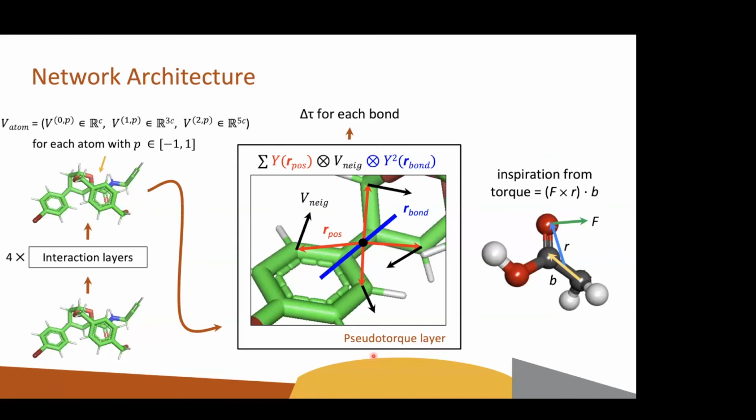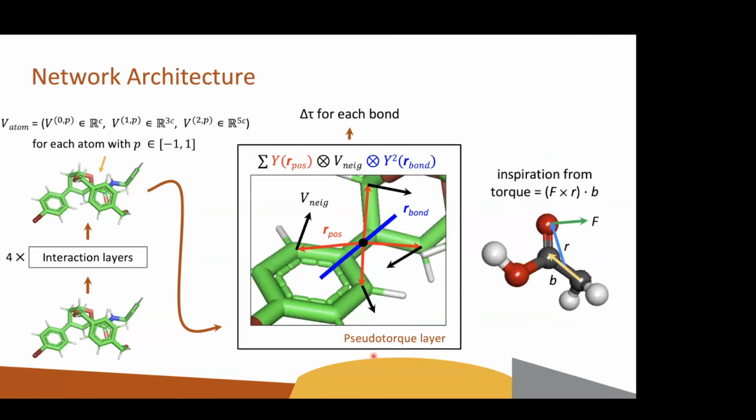And the way that this is done is a three-way tensor product, which differs from the normal tensor product convolution in that the filter for the convolution is no longer just the spherical harmonics, but rather the product of the spherical harmonics with a representation of the bond axis itself, which is shown in blue. And the reason why this is necessary is because otherwise the filter has no notion of the orientation of the bond, which is necessary in order to predict a torsional score around the bond.